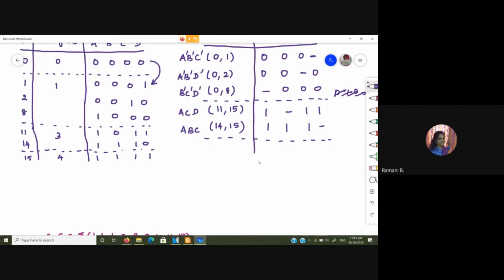Now what we do is we write a prime implicant table to find the minimized expression.